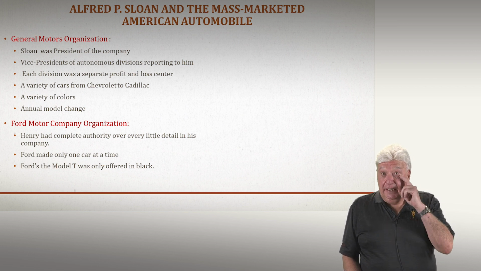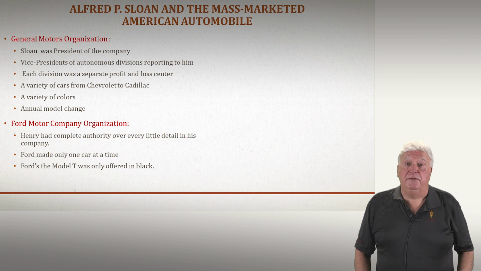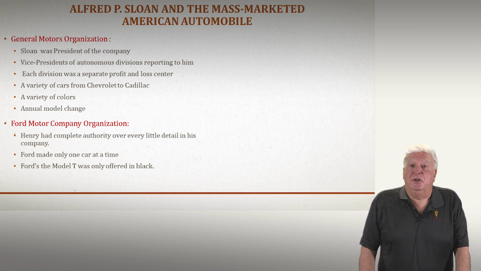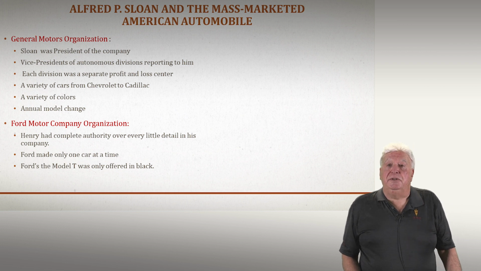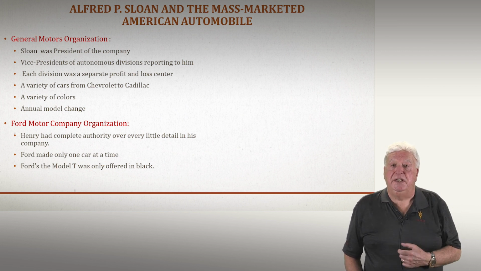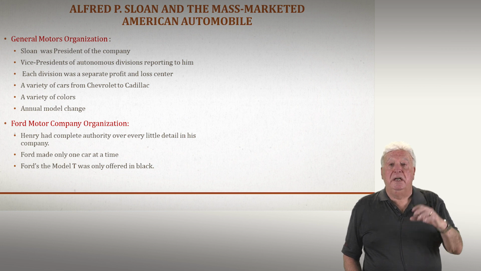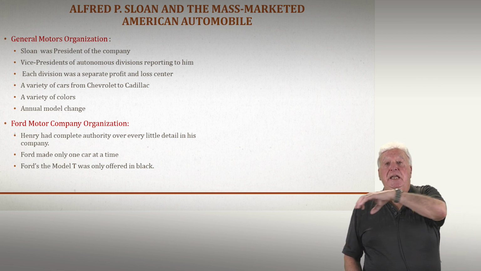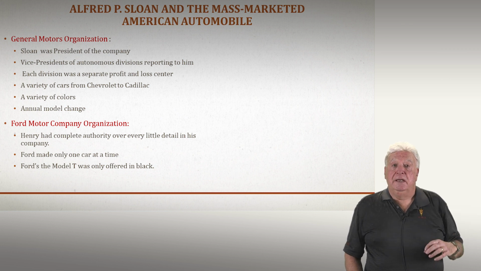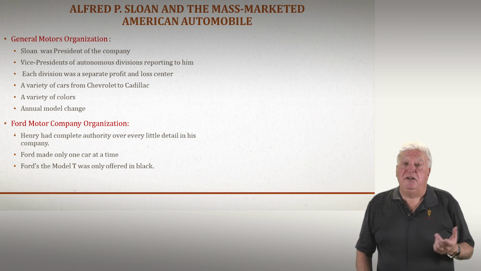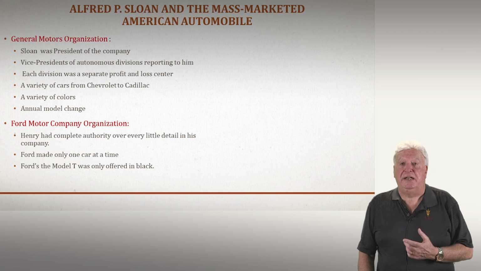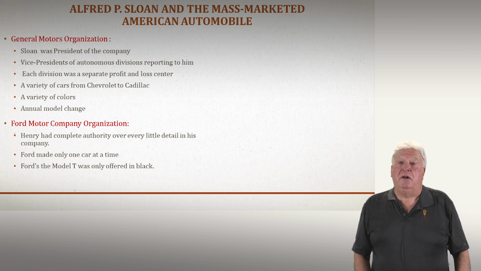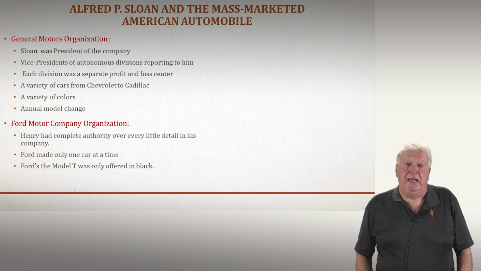So let's look at his organization, which for some of you taking business will seem quite familiar. Sloan reorganized General Motors, whereby he was the president of the company, so he was the number one. Reporting to him were the vice presidents who headed up each division. That division, Chevrolet, Buick, Cadillac, etc., would operate autonomously except where overall policy decisions had to be made.